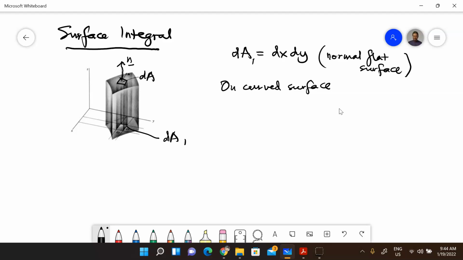So we need to somehow relate to that normal vector. Let's suppose we know the angle between the normal vector and the z-axis. Here's your normal here.